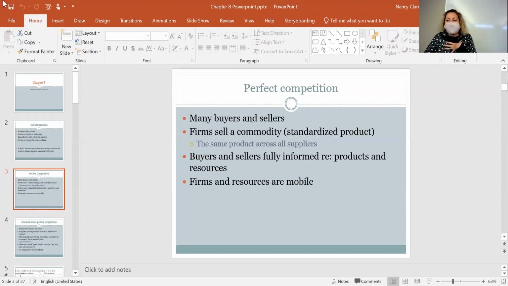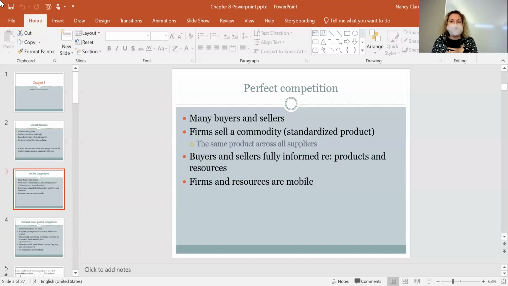So buyers are fully informed about the product and sellers are fully informed about resources. And let me explain what that means. I know walking in to buy a pound of apples, there's a pretty small range of prices for apples because they're just not that special, right? And if the price is too high here, I'm gonna go someplace else and buy the apples.